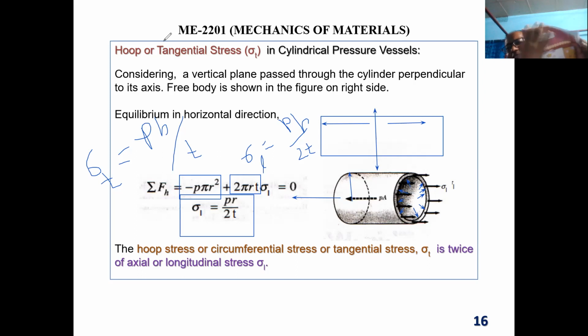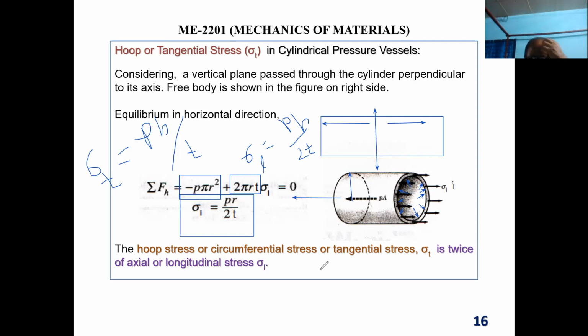So the length will be 2 pi r into wall thickness T. That we did over here. And if the end is closed, this end, I cover it with my hand, how much force will I feel? Inside pressure into the area of this circle, pi r square. That we put over here.